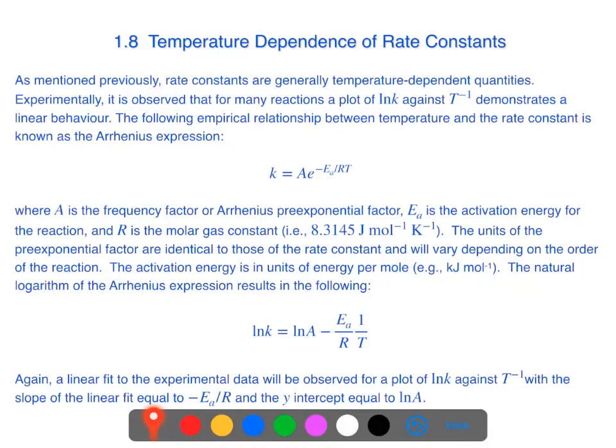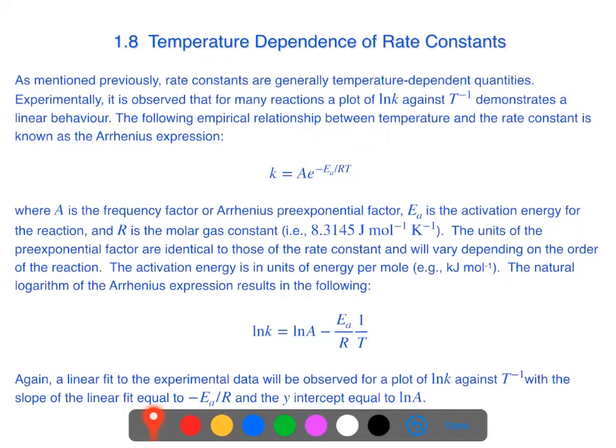The units of the pre-exponential factor are always identical to those of the rate constant, and these will vary depending on the order of the reaction, as we've seen previously. The activation energy is in units of energy per mole, and we will normally report that as kilojoules per mole.